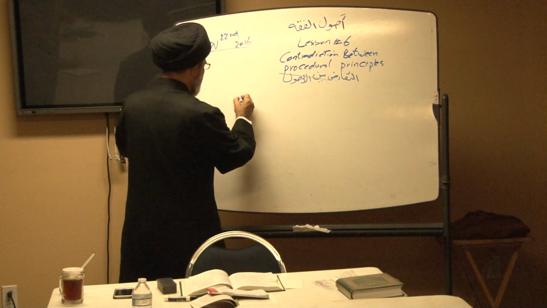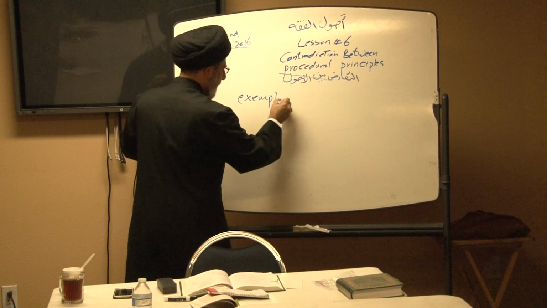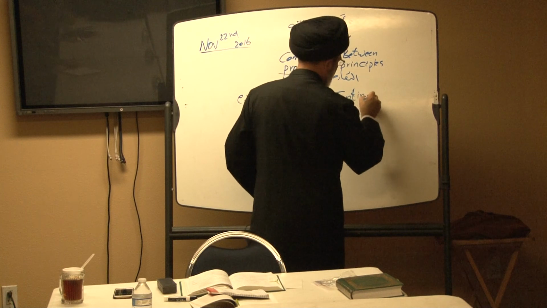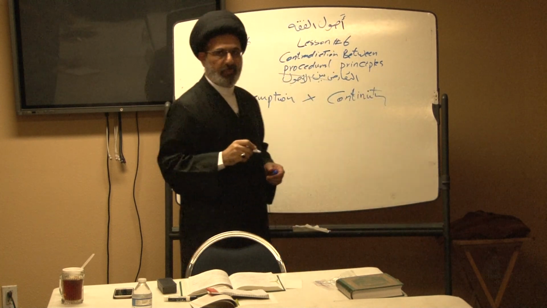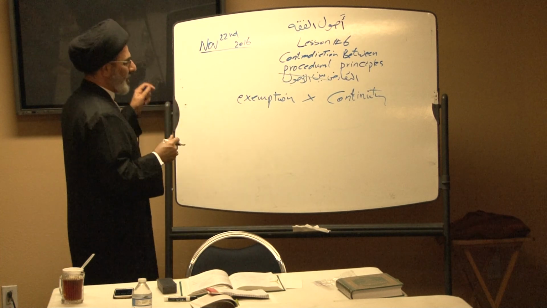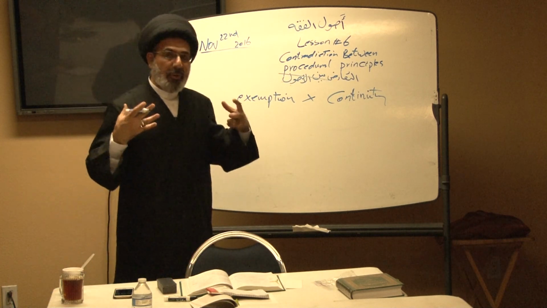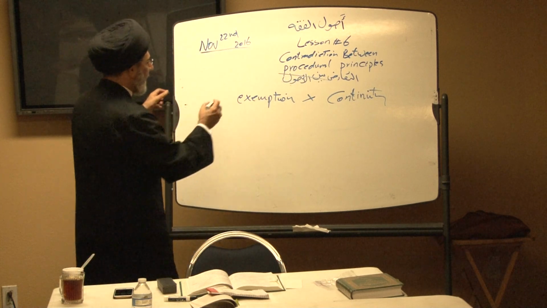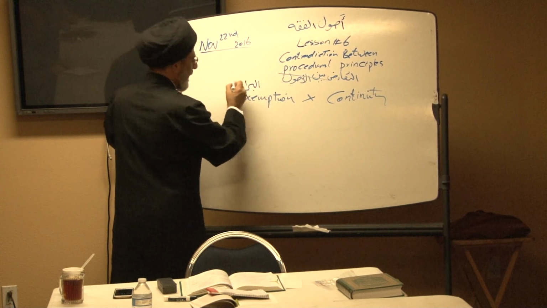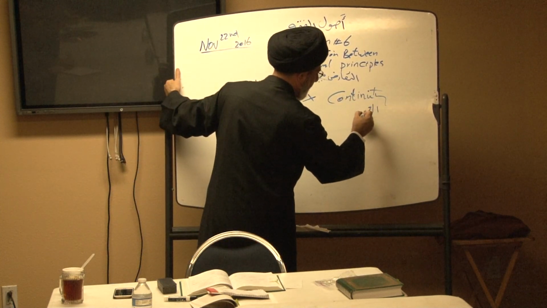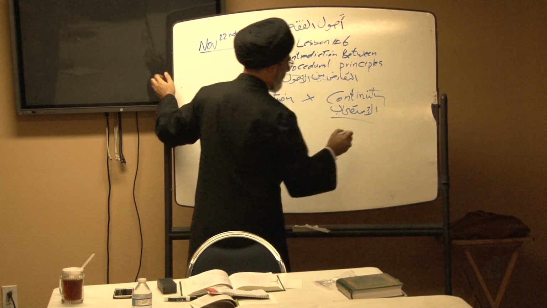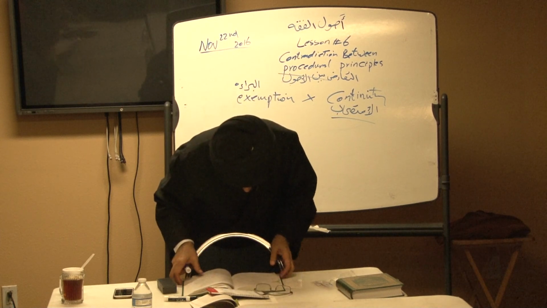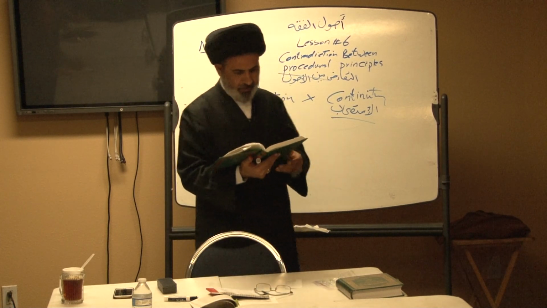One of them is the principle of exemption, bara'a, versus which one? Continuity. They say this is the most common contradiction, we find it between exemption, asalatul bara'ah, and al-istishab. They say this is the most frequent.